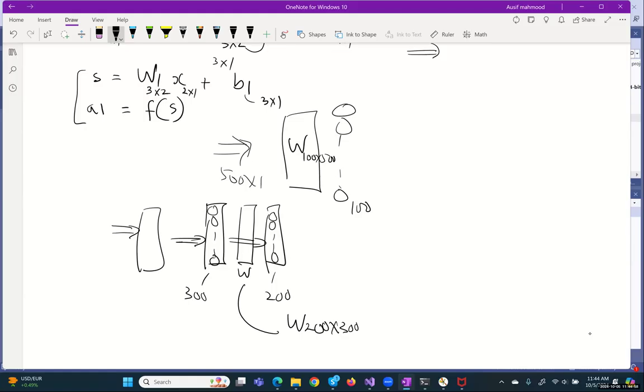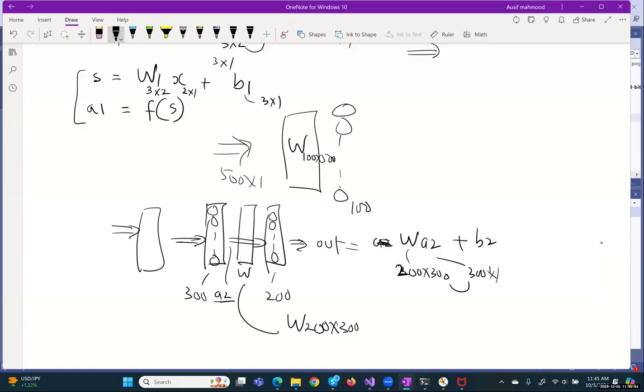We can write, for example, if this is, let's say, out, and suppose we call this A2 as an example, then out will become W A2 plus B2, whatever the B. So W will be 200 by 300, and A2, if it is coming from the 300, will be 300 by 1, and this will match, and everything will work out properly, right?